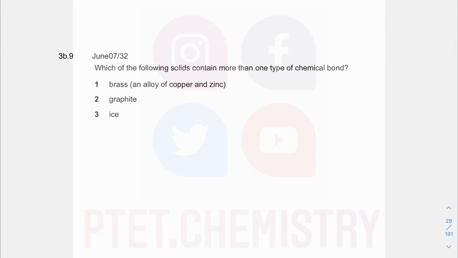Question 9. So we are looking at these solids, and we are looking at which one contains more than one type of chemical bond. If we have graphite, remember just now in the previous question, we talked about van der Waals forces between the layers. Alright, that is intermolecular forces, but that is just between the layers.